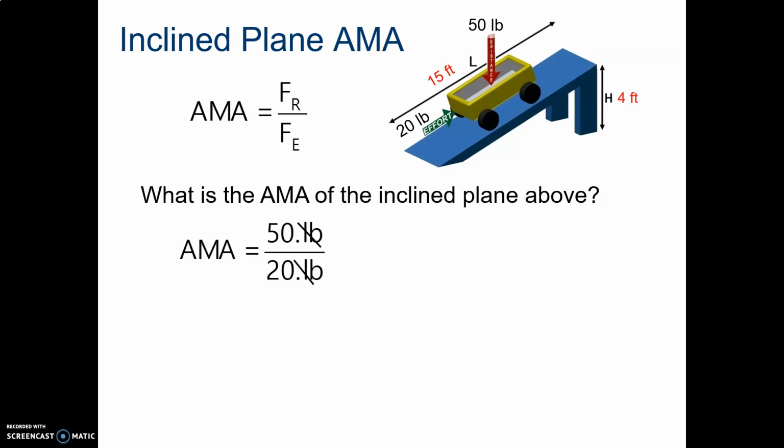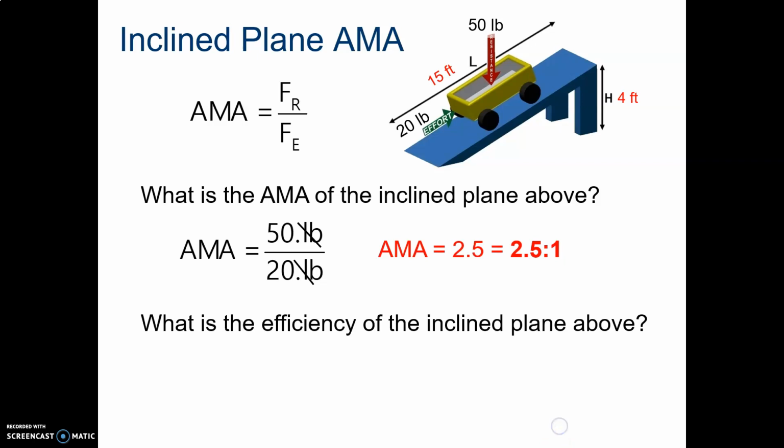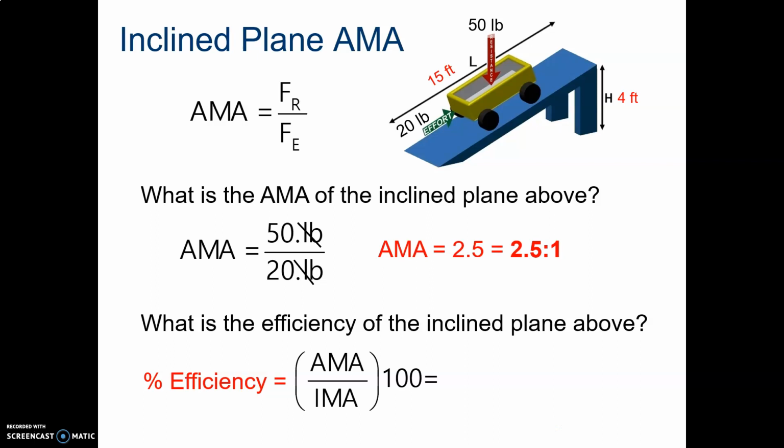So the AMA is 50 pounds divided by 20 pounds, or 2.5. Now we can look at the efficiency of this inclined plane. Remember, percent efficiency is the AMA divided by the IMA times 100 to get our percent. So it was 2.50 divided by 3.75 times 100, and we get 67%.